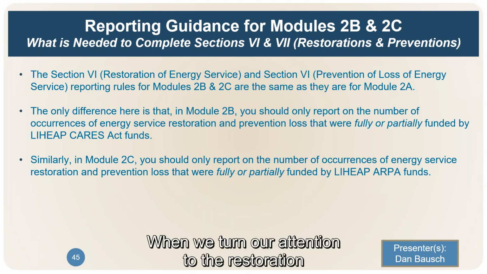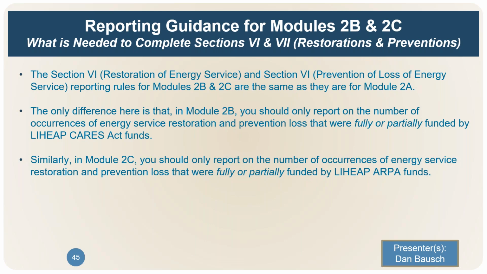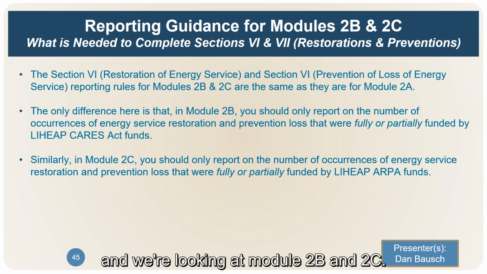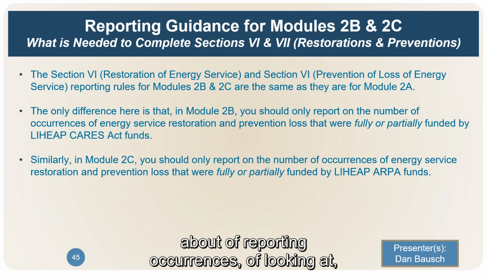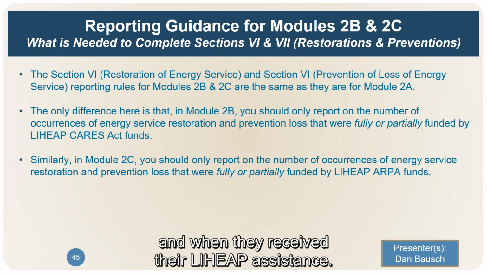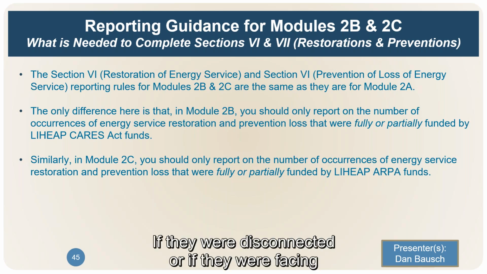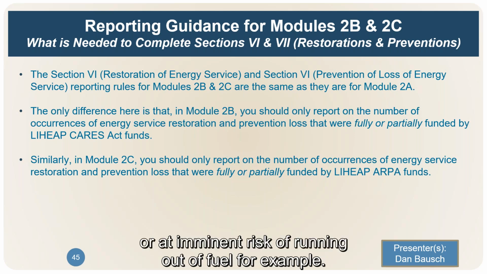When we turn our attention to the restoration and prevention parts of the report, and we're looking at Module 2B and 2C, you're again following the same rules that Melissa talked about of reporting occurrences, of looking at a household's status and when they received their LIHEAP assistance, if they were disconnected or facing disconnection or out of fuel or at imminent risk of running out of fuel, for example.